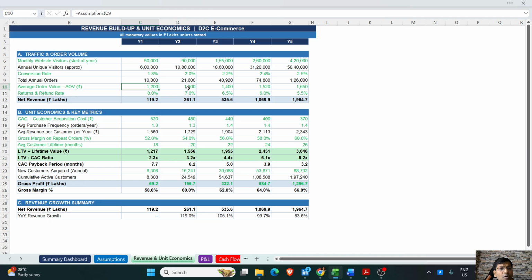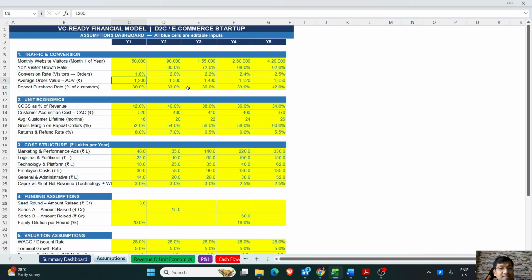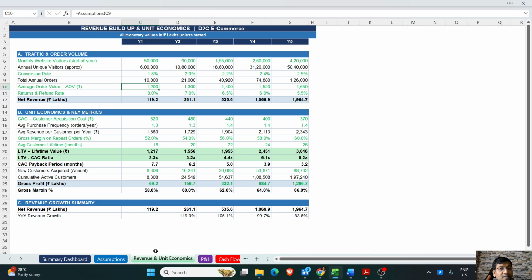Then we have the order value, which has come from here where we have plugged in this number, and we also have a return and refund rate. So 10,800 people place an order, which gets multiplied by the average order value of 1200.